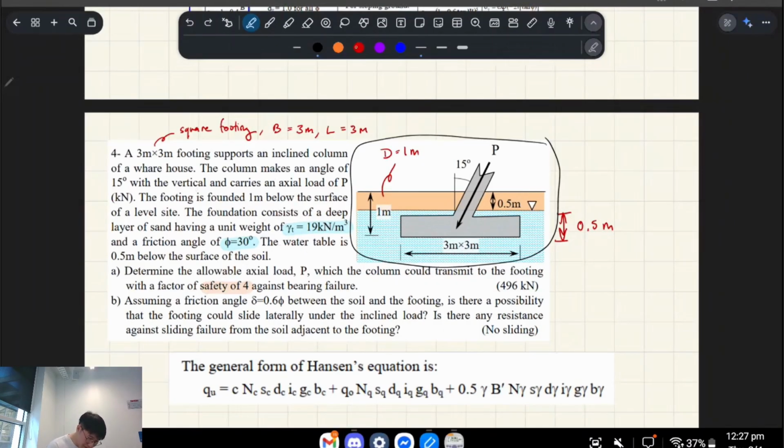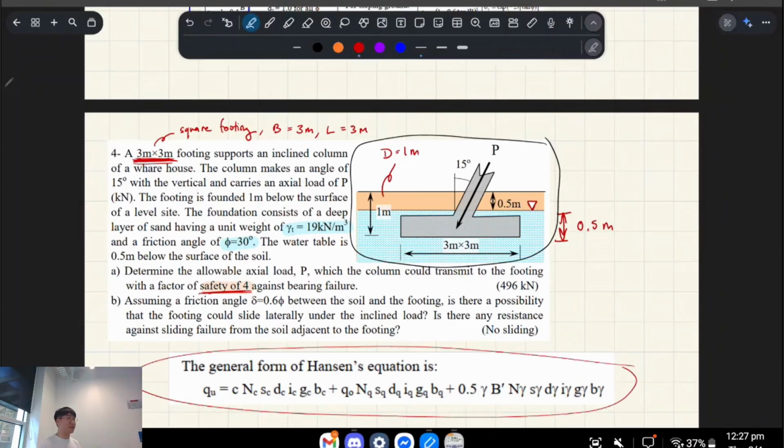I don't know where in this paragraph, oh, sorry, it's implied. This thing is 3 meters by 3 meters, and it has a water table sitting 0.5 meters below the surface. There's a factor of safety of 4. So I want you to think about the Hansen equation and what factors cancel out by looking at it. I'll give you 5 to 10 seconds to do that.